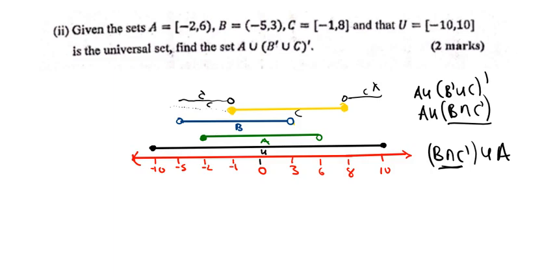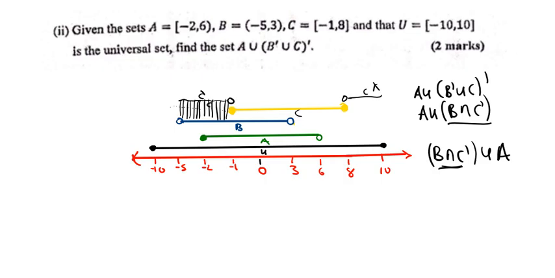So the region where they intersect with C complement are these. They just twisted the way they asked this question, so it is still the same question, and we have the answer there.